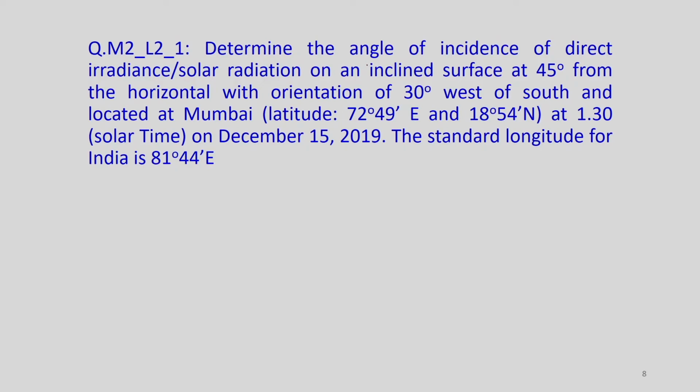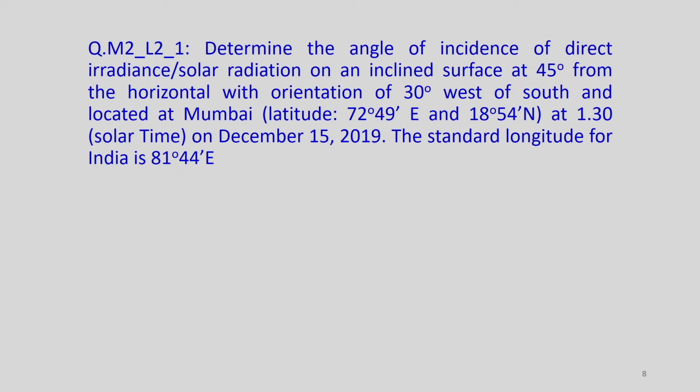So, the problem goes something like this: determine the angle of incidence of direct irradiance or solar irradiation on an inclined surface at 45 degrees from the horizontal, with an orientation of 30 degrees west of south, okay, and located at Mumbai.